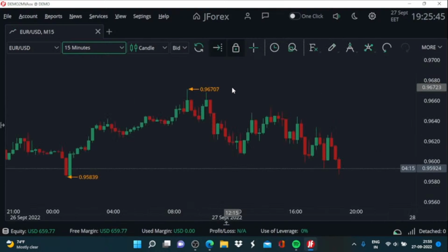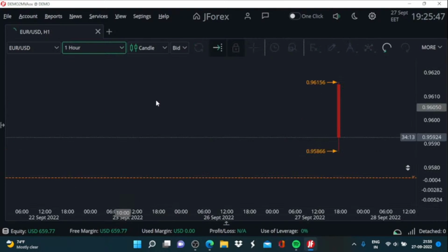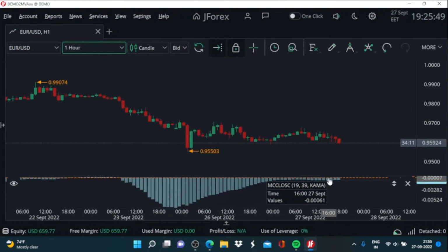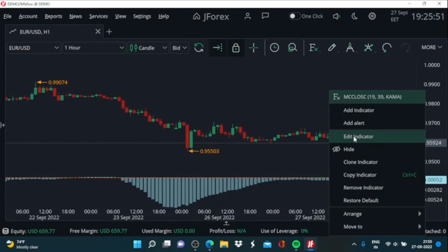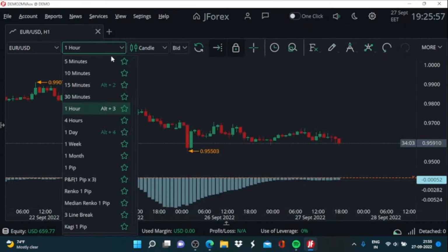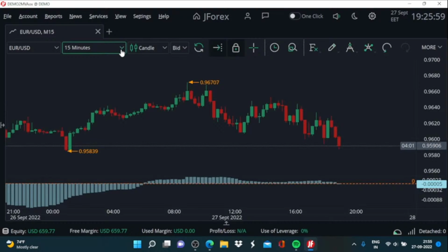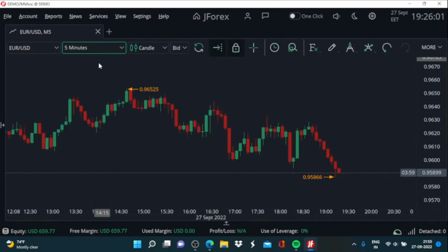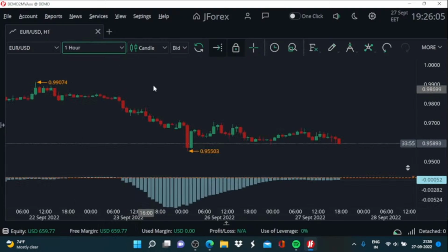Because of that, we are going to observe these changes. So now that I reverted it back to hourly, we have this plotting. All right, now again 15 minutes. So here we have it for 15 minutes, but not for other candle periods.